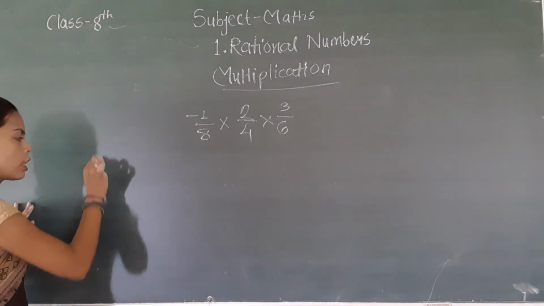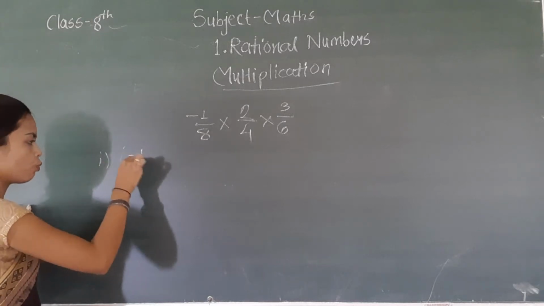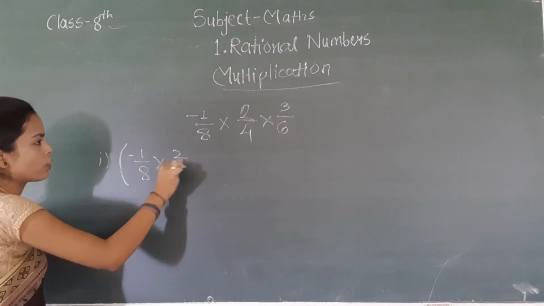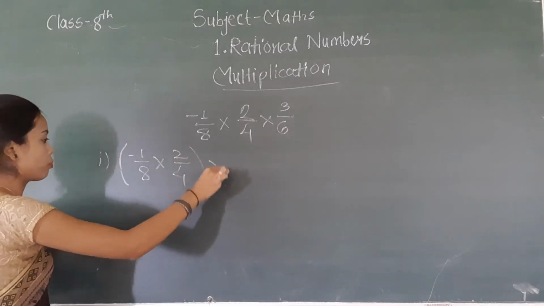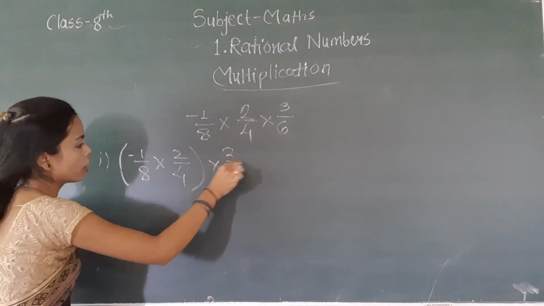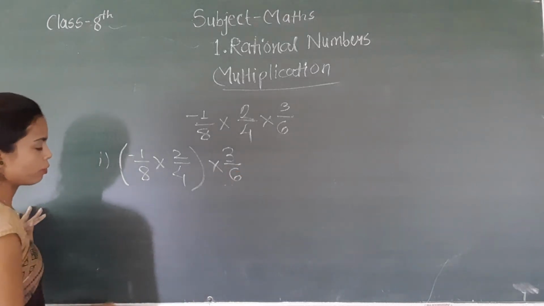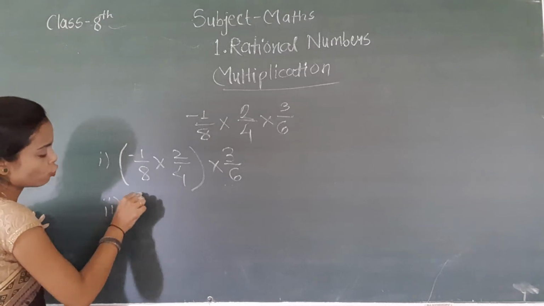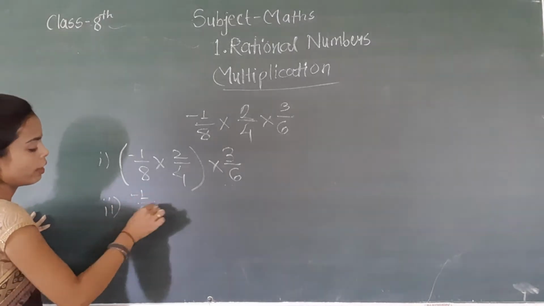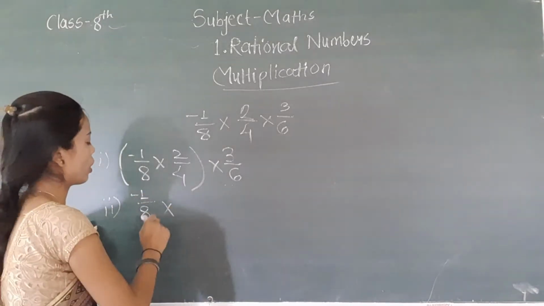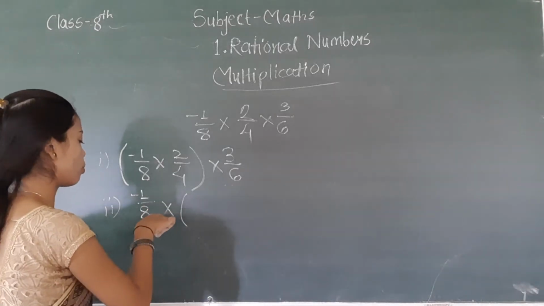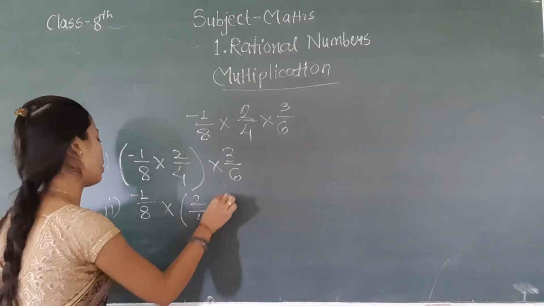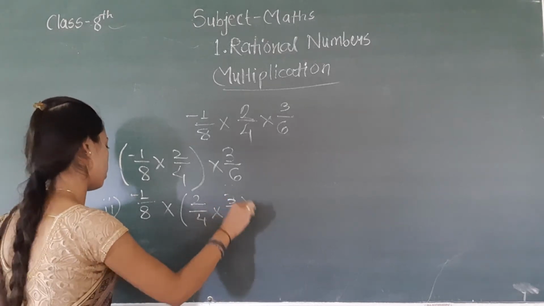In the first case I group the first two rational numbers and leave the third rational number, and in the second case I group the last two fractions and leave the first fraction.